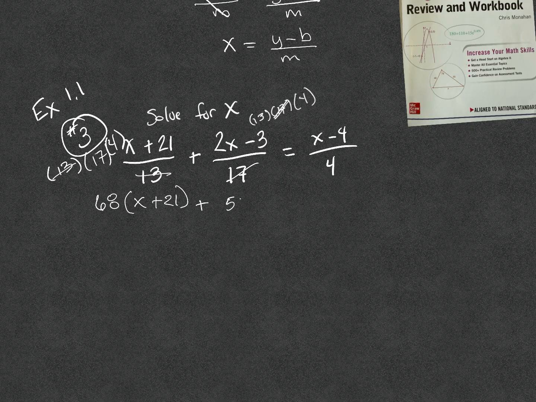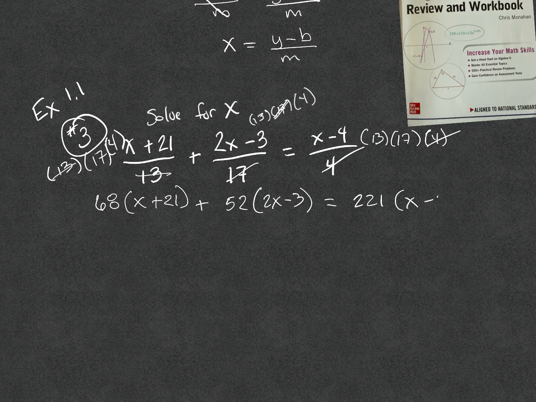So we have a 52, and then we have the 2x minus 3. And then this one will also have to be times 13, times 17, and times 4. The 4s cancel out, and we're left with 13 times 17, which gives us 221 times that binomial.